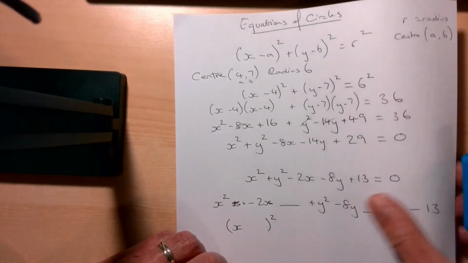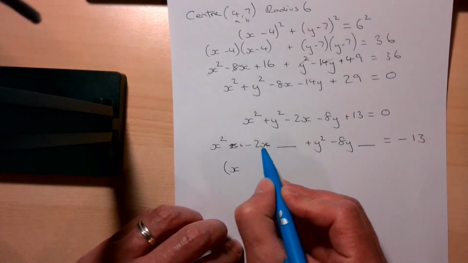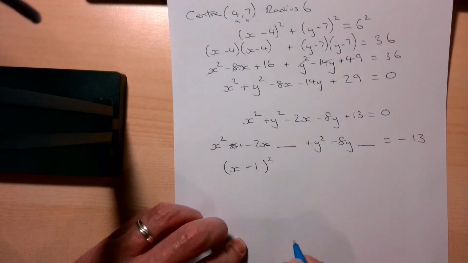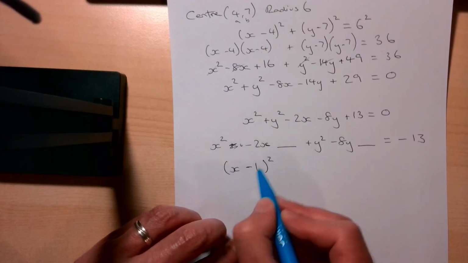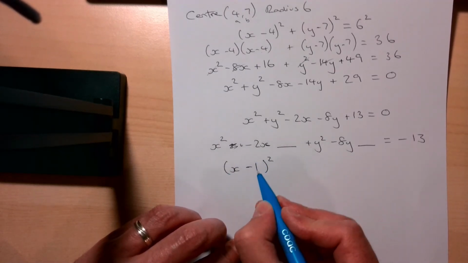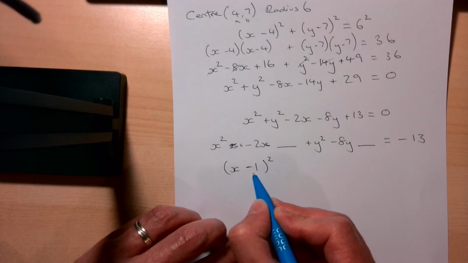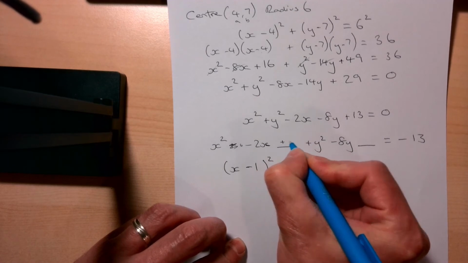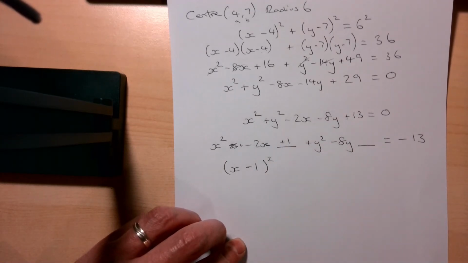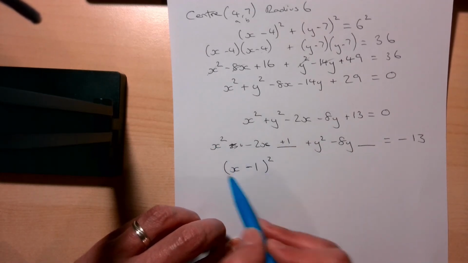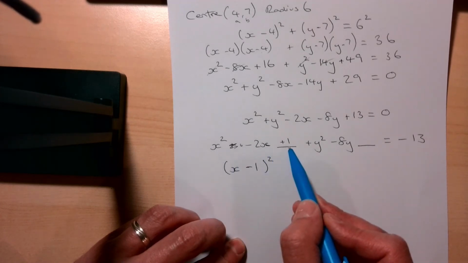So if we're working backwards, we're going to have to halve it. So half of minus 2 is minus 1. Now, if we just did FOIL on that, our last term would be squaring this minus 1. When we square minus 1, you get plus 1. So I would have a plus 1 on there.